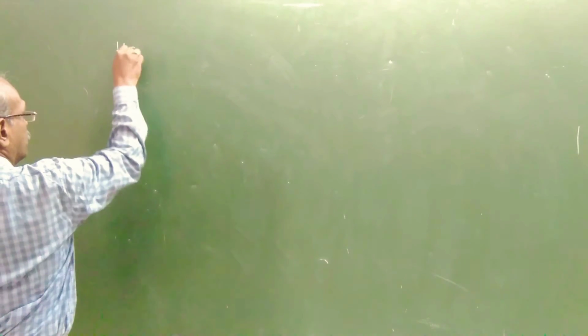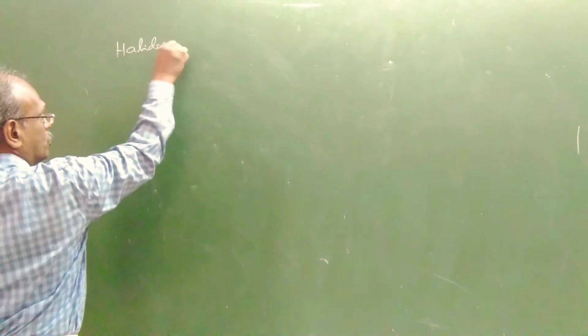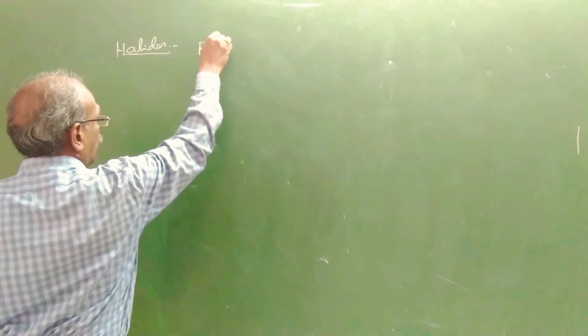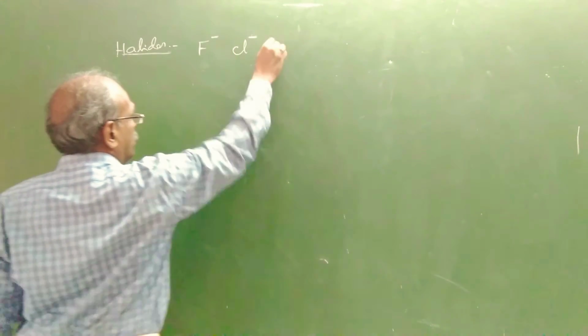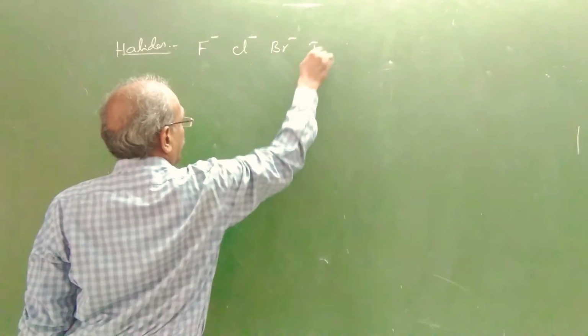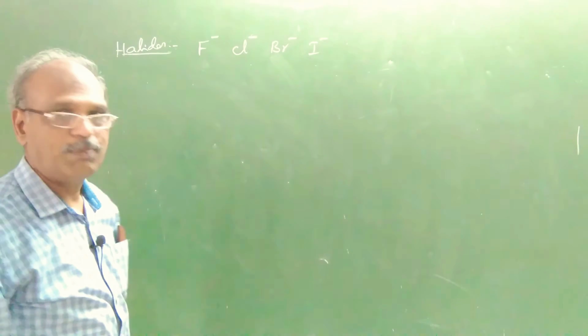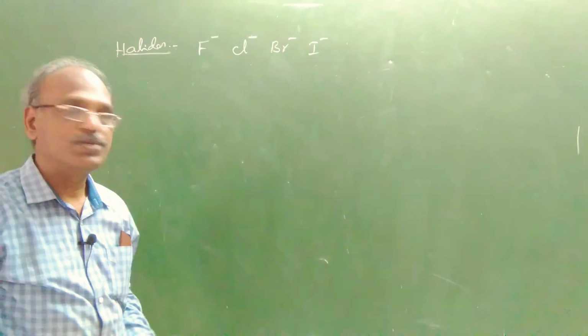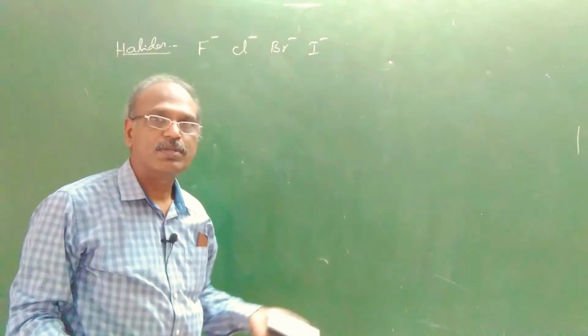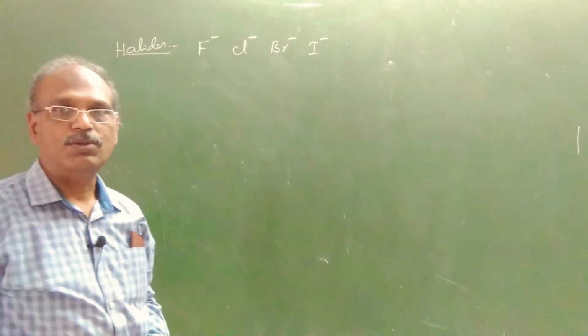We know that if you take halides, among halides, what is the general trend? See, F minus, Cl minus, Br minus, I minus. What do you say, which is the best nucleophile among these? Generally a student says I minus, because we use aqueous solutions.